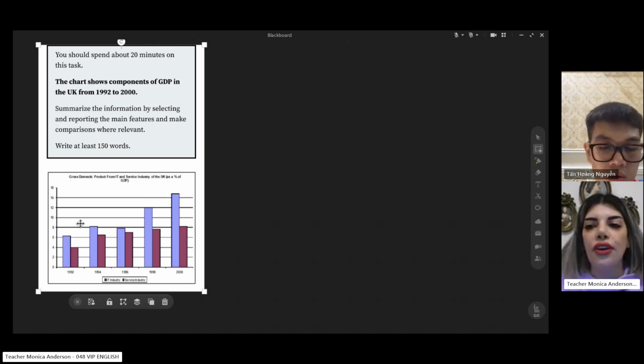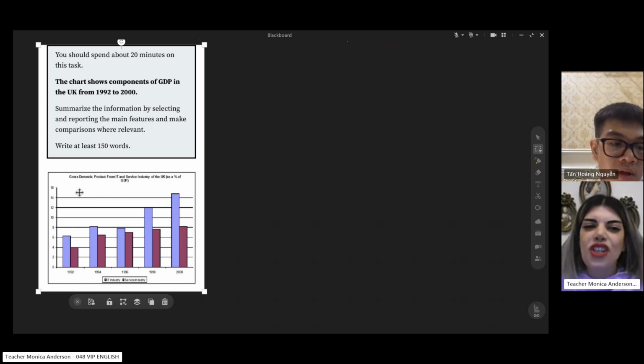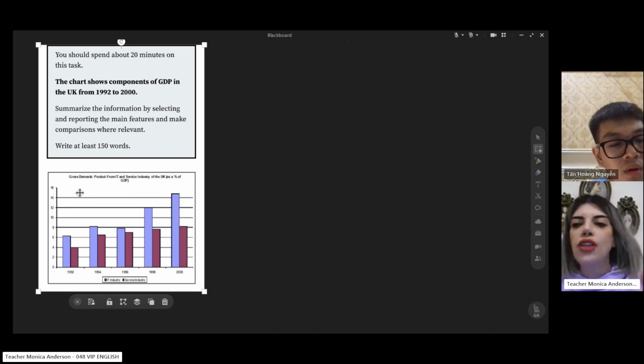Over the next 4 years, the levels became similar. Can you see?